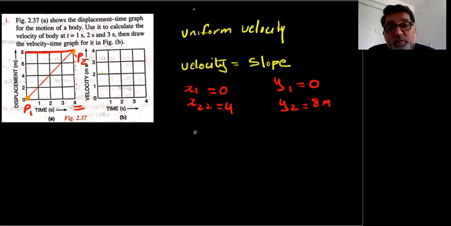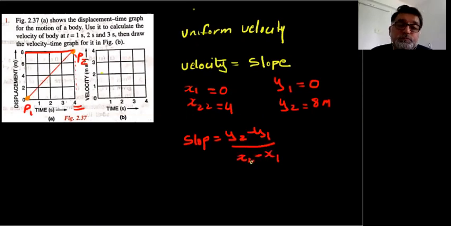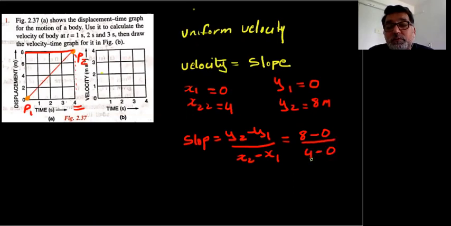So now by the formula, slope equals y2 minus y1 divided by x2 minus x1. Putting the values in, y2 equals 8 meters minus y1 which is 0, divided by x2 which is 4 minus 0.